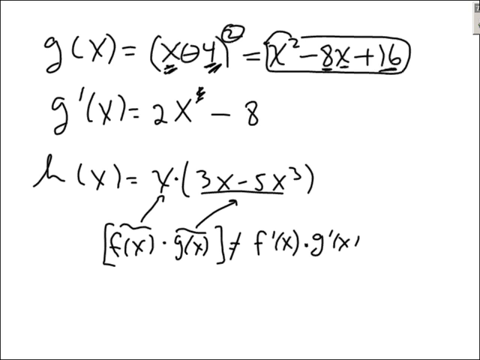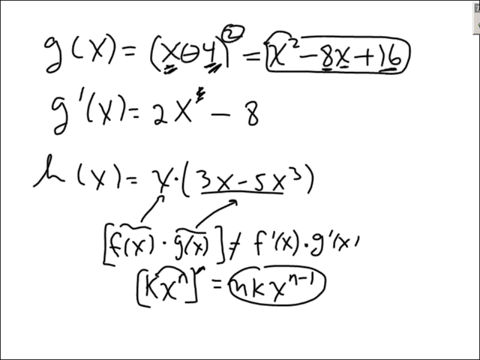Again, we only know how to take the derivative of a constant times x to a number. Multiply the n by the k, make the new power 1 less. n minus 1 is 1 less than n. So, to get it to look like a sum or difference of things like this, with h of x, I'll distribute the x.